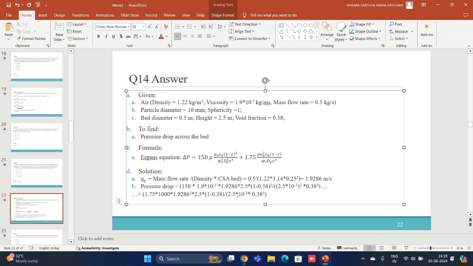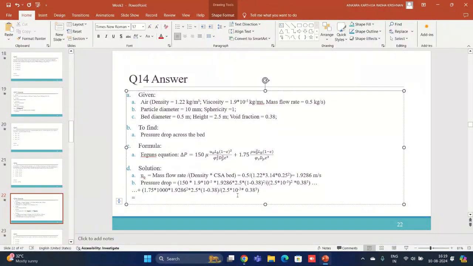So this is the thing. Now we need to find the value. 150 into 1.9 into 10 power minus 5 into 1.9286 into 2.5 into 0.62 square divided by 2.5 square divided by 10 power minus 6 divided by 0.38 cube.